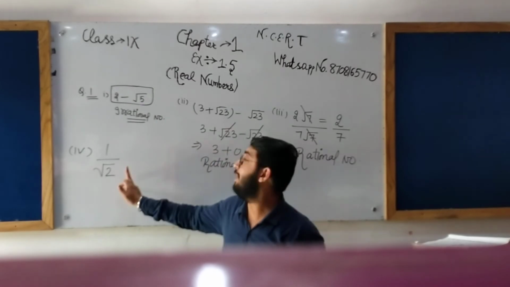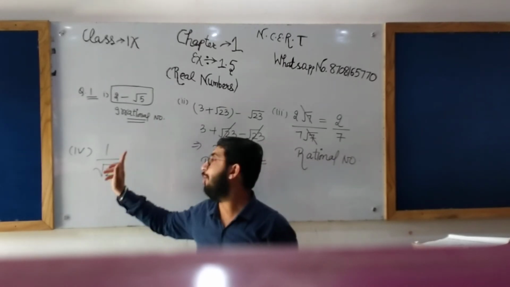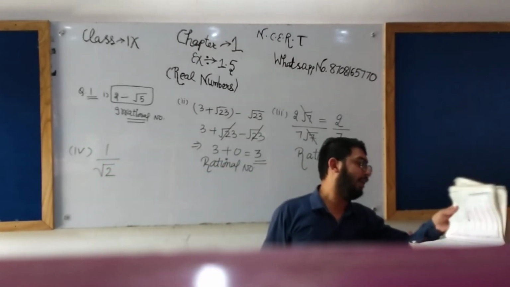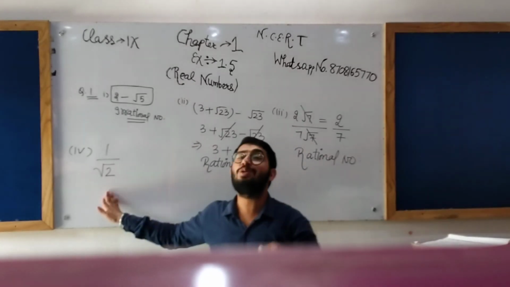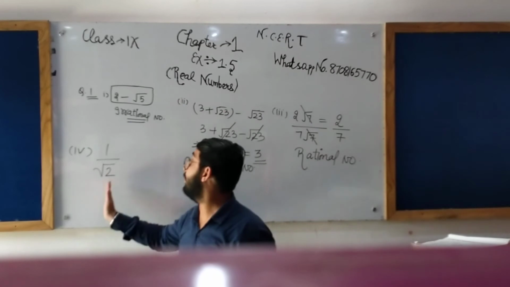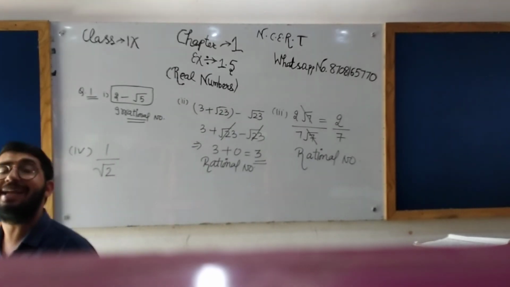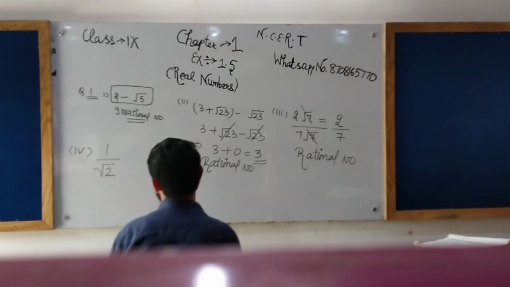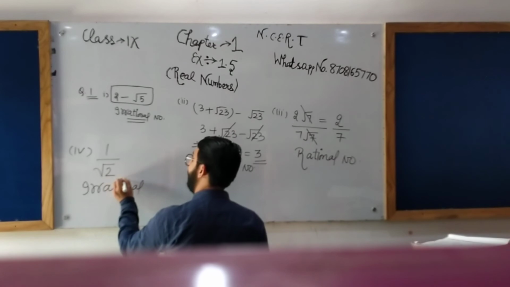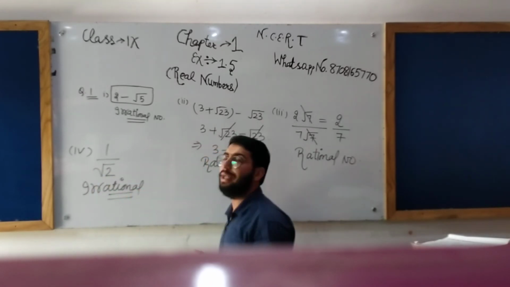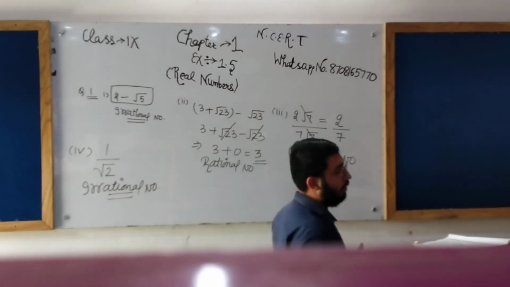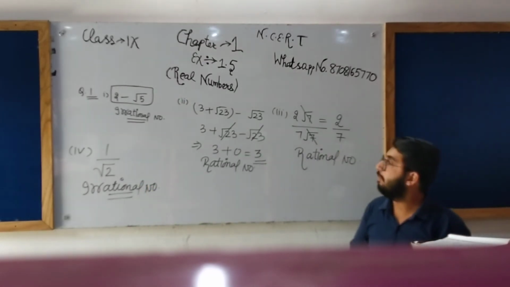In this number, it is written in the form P by Q. Here 1 is an integer, but root 2 is not an integer. As one of P or Q is not an integer, we can say it is an irrational number because of the presence of a non-integer in the denominator. It is an irrational number.